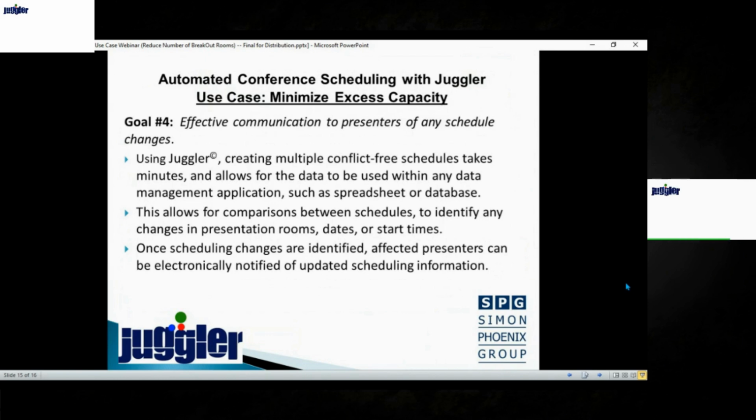These are all constraints that Juggler handles effectively, and is taken into consideration each time Juggler auto schedules or generates an automated schedule.